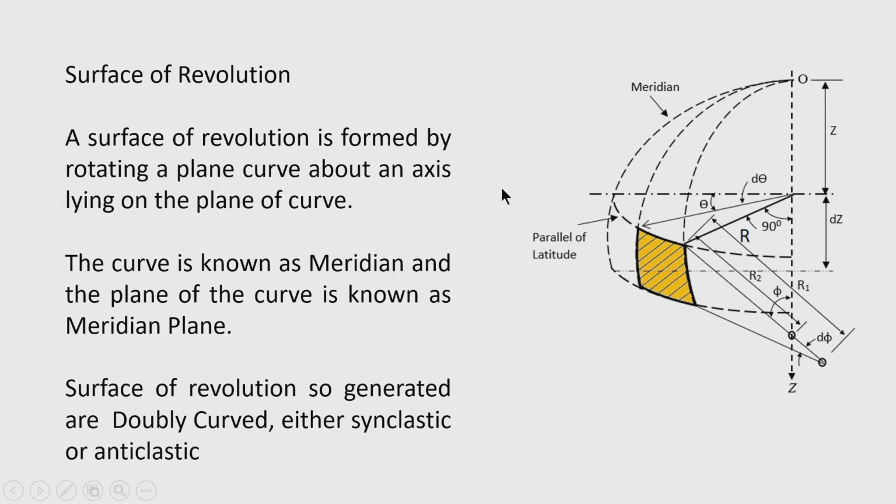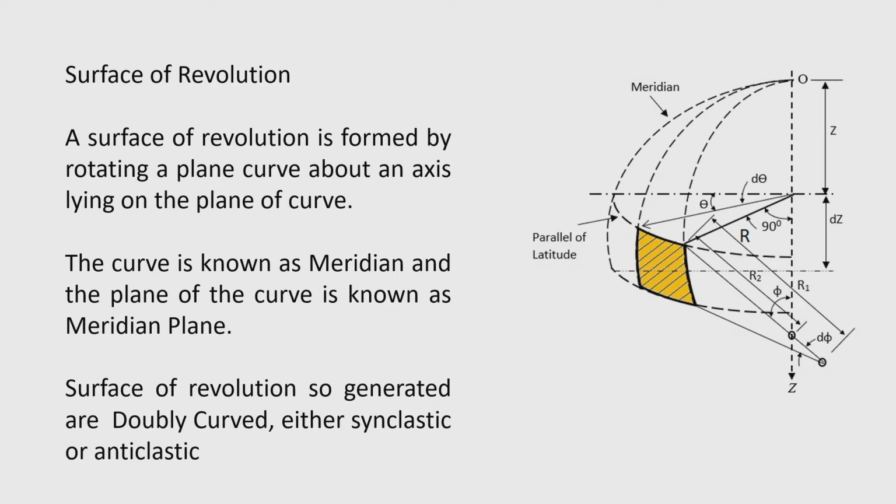Examples of singly curved developable surfaces are the cylindrical shell as well as the conical shell. If you give a cut and then apply pressure, this surface can be flattened completely. That is weaker than the doubly curved shell, which is non developable, and here we will consider the non developable shell, that is the surface of revolution.